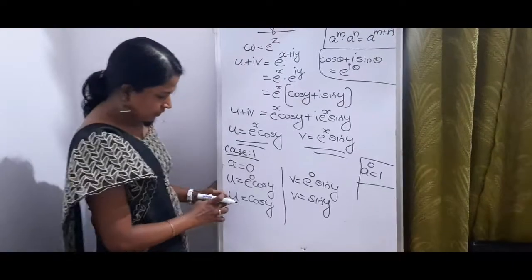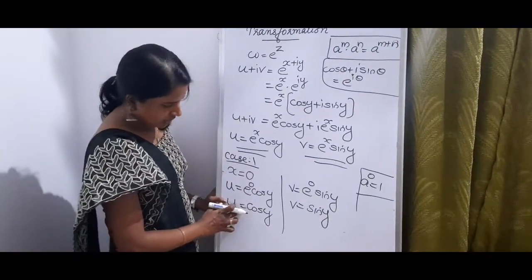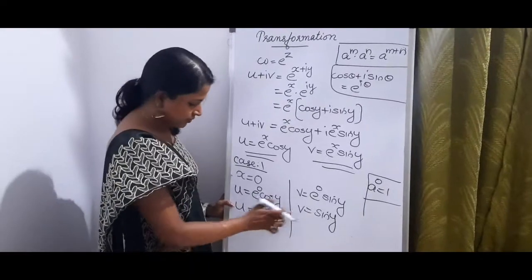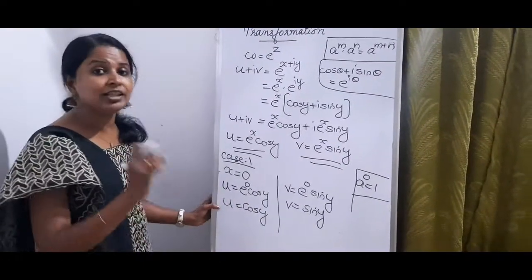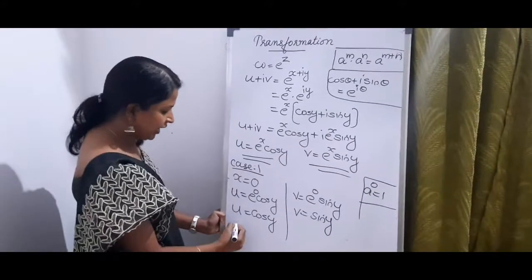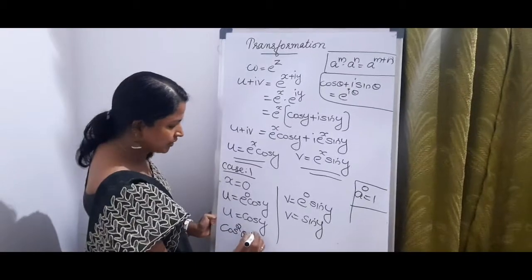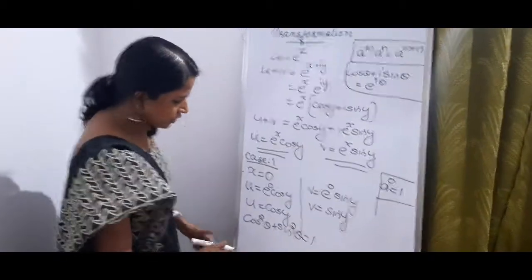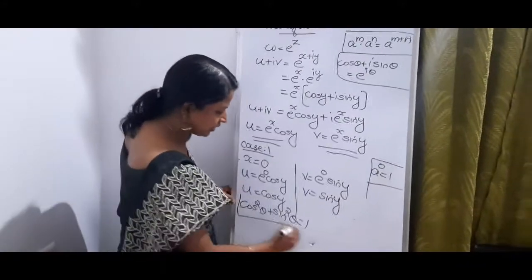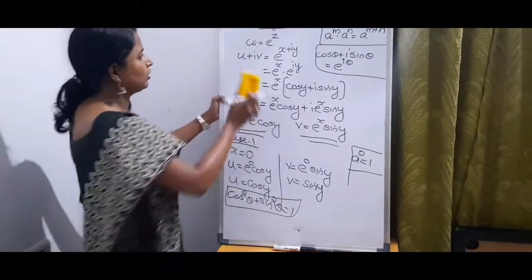Then, simplify these two equations. Here, we know an identity: cos square theta plus sin square theta equal to 1, or sin square theta plus cos square theta equal to 1.